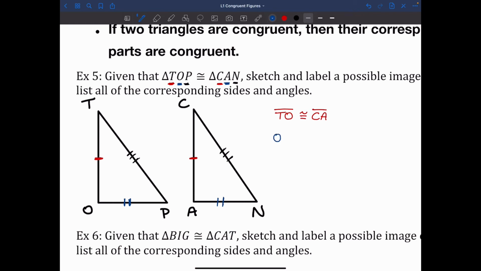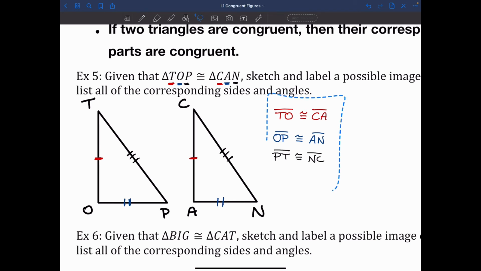If I kept on going around, segment OP is congruent to segment AN. And last but not least, you can do these in either order, PT or TP, whatever, keep going in the same order. The segment from P to T is congruent to the segment from N to C. All right, so that's how we would label the corresponding sides.